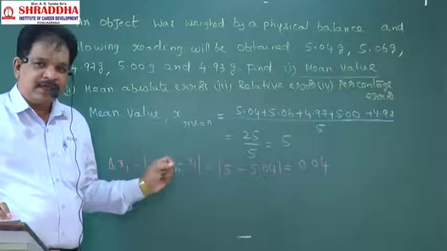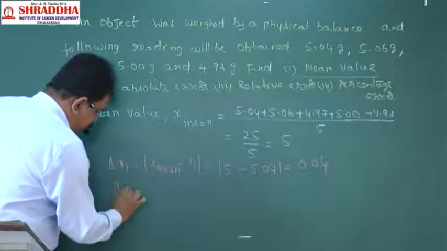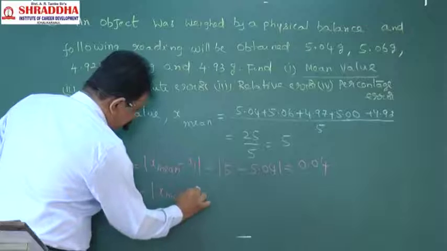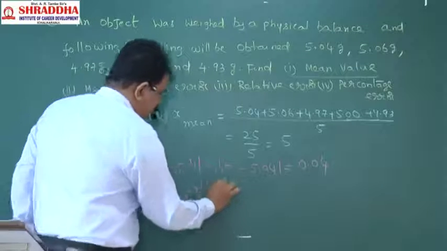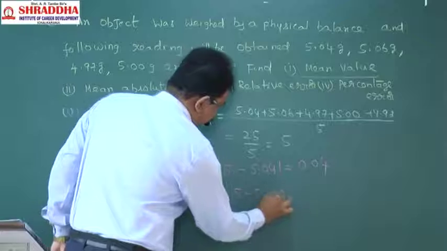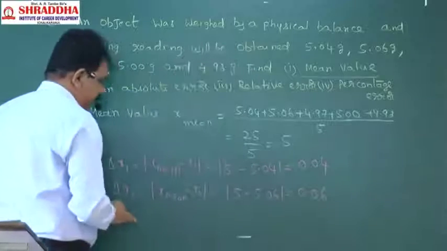Clear? Understanding? Next, delta x2 is x mean minus x2, 5 minus 5.06, which is 0.06.